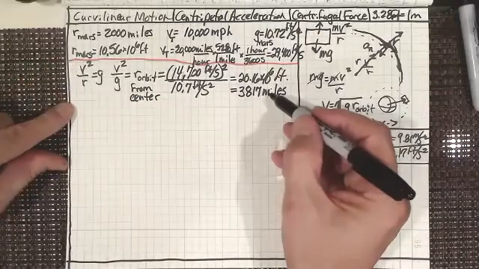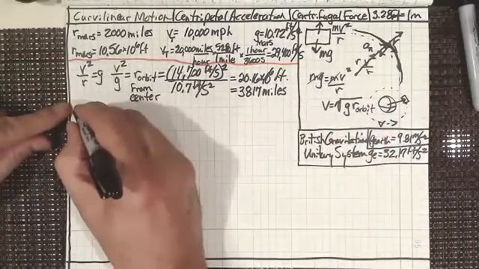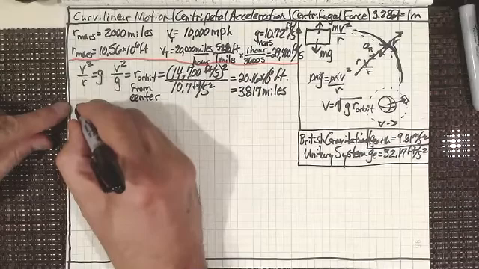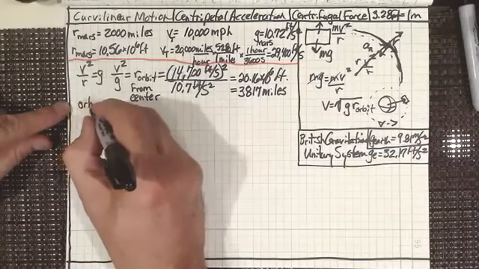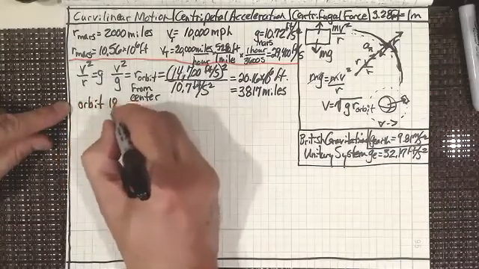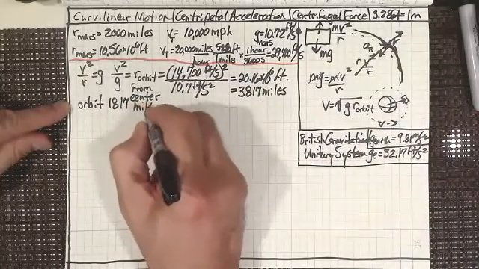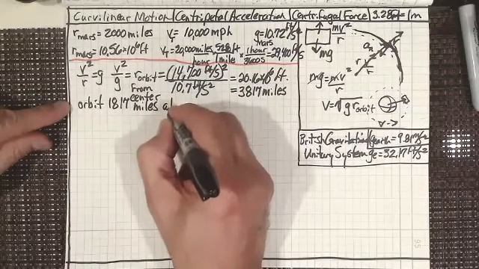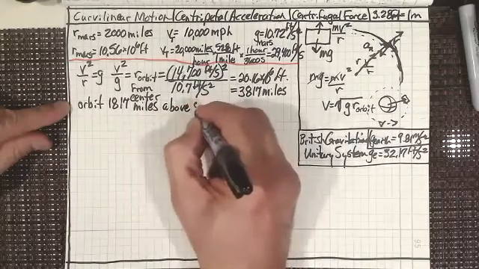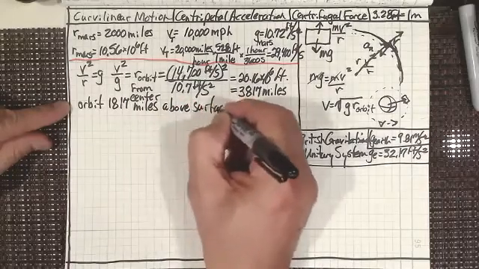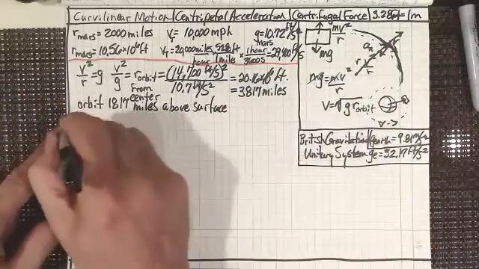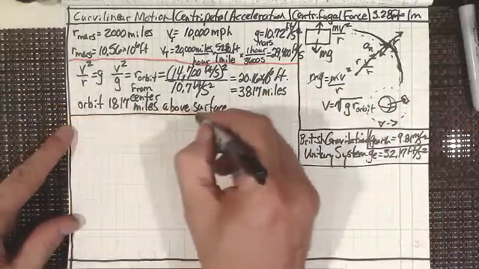So what is that above the surface? That's going to be an orbit 1,817 miles above the surface. Right? So everybody sees how that works.